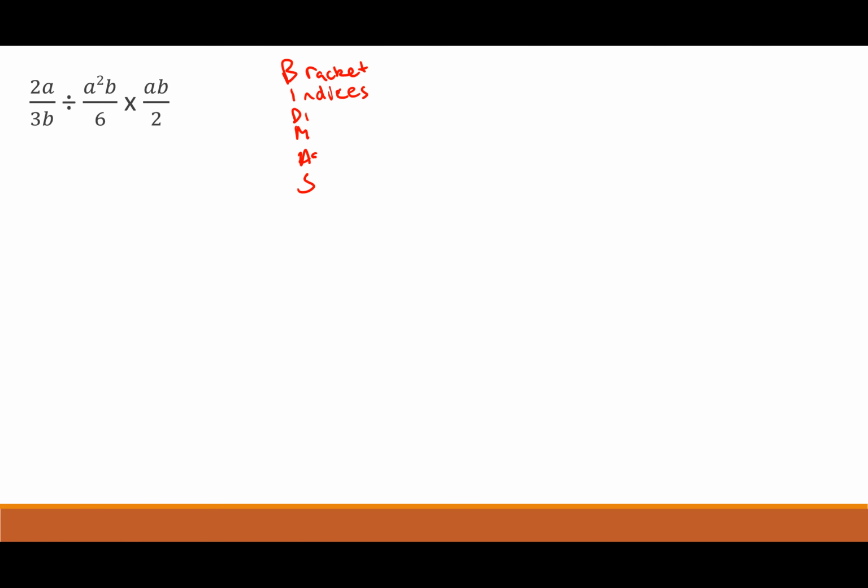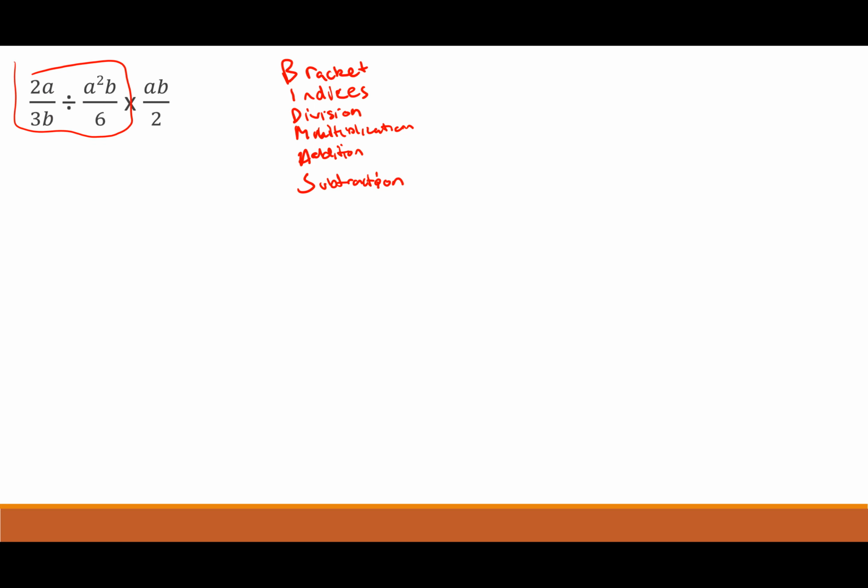Then you've got division, so we need to do that first. Then multiplication, addition, subtraction. So we're going to do the division first, which is this.